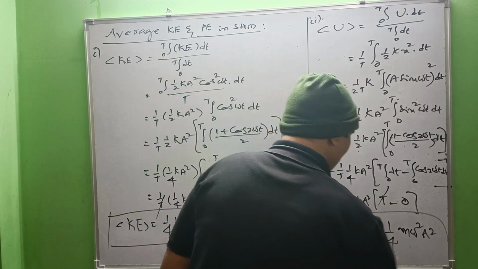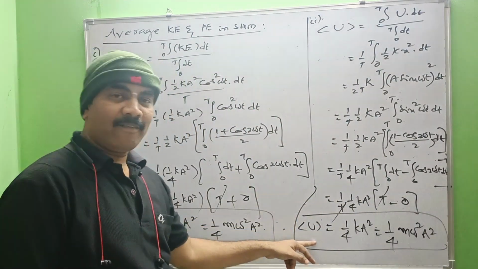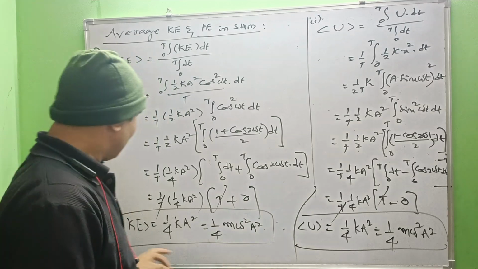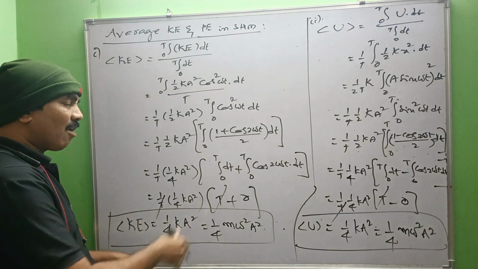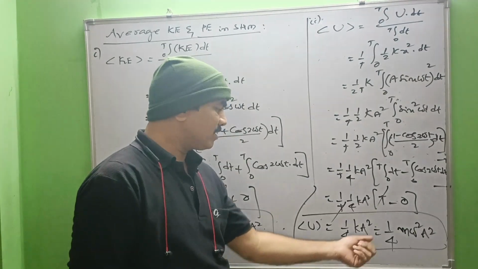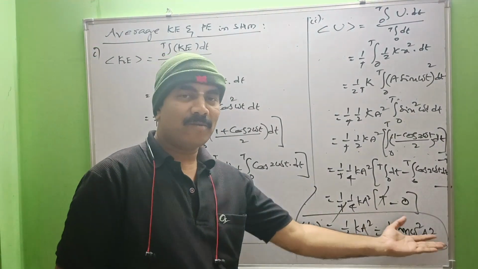From both results we came to know that the average potential energy and the average kinetic energy within a time interval, otherwise over a long time, are the same. What is that value? 1/4 m omega square into a square. Here also 1/4 m omega square into a square.